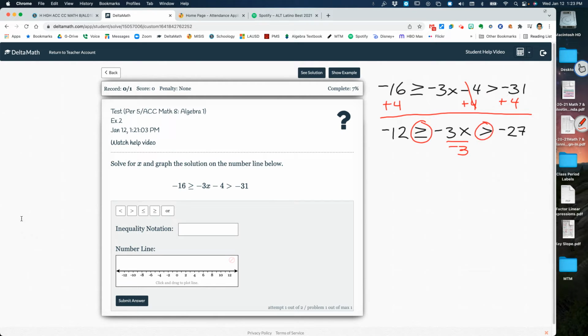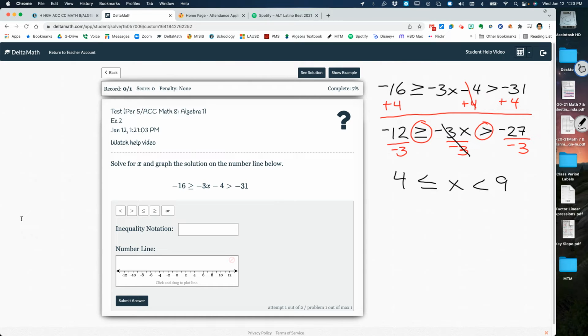That's going to make these flip. I'll circle them to remind me when I rewrite this, turn those around. So what does that give us? 4 less than or equal to x less than 9. Check my work there. Does that look good?